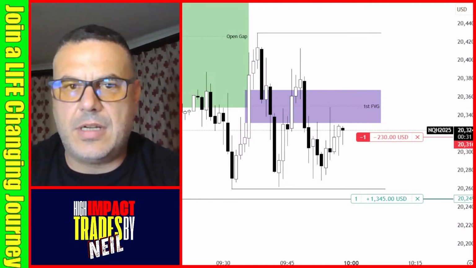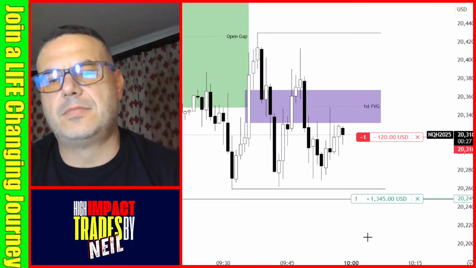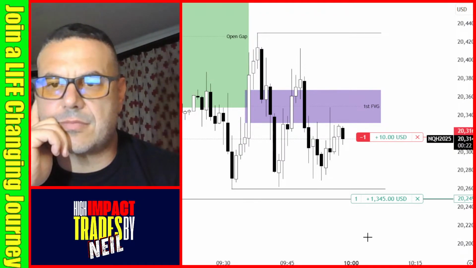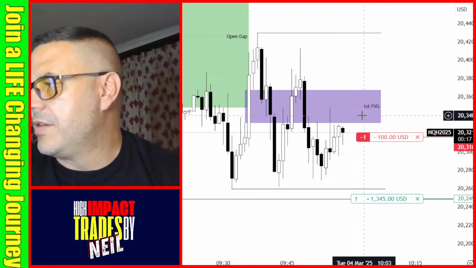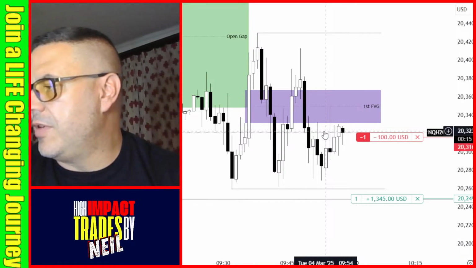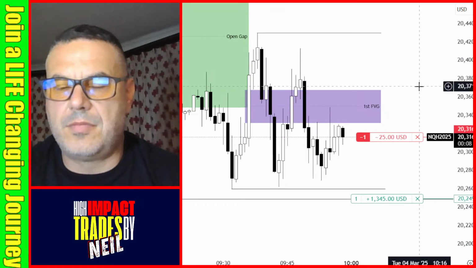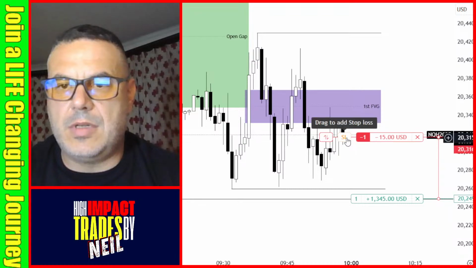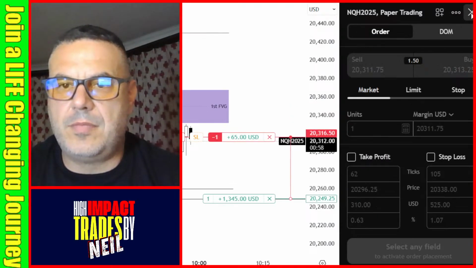Let's see if we can get a trade in. I do think we're going to see price move lower here. I think what I want to do is just put my stop around there.